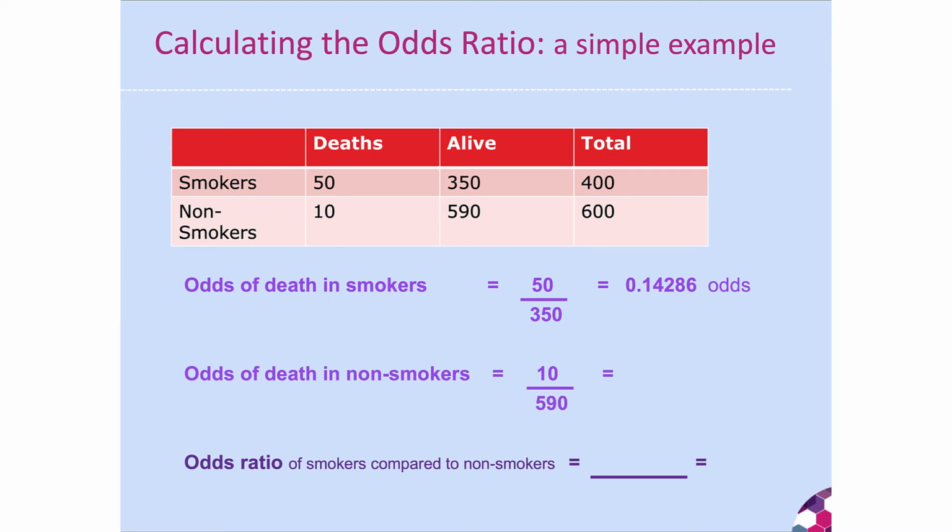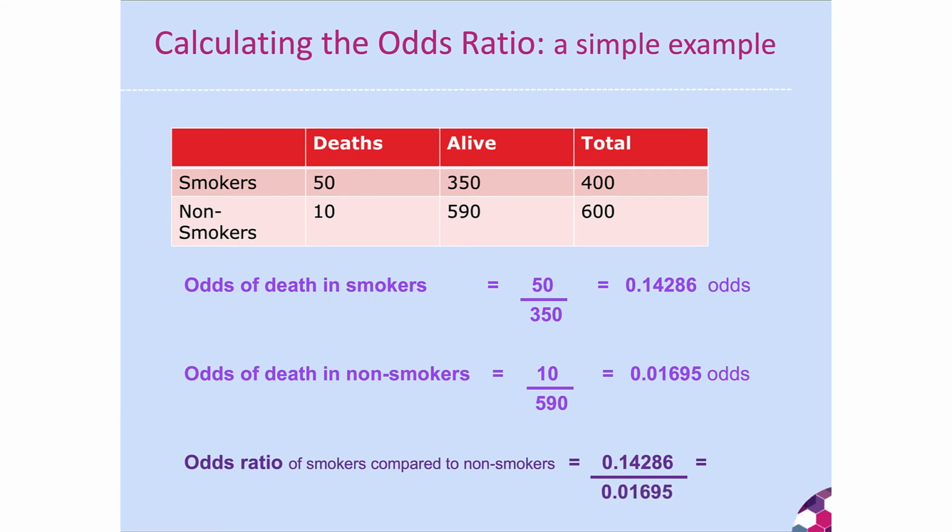That's the number of non-smokers who are still alive, who haven't died, and that gives us an odds of 0.01695 odds.